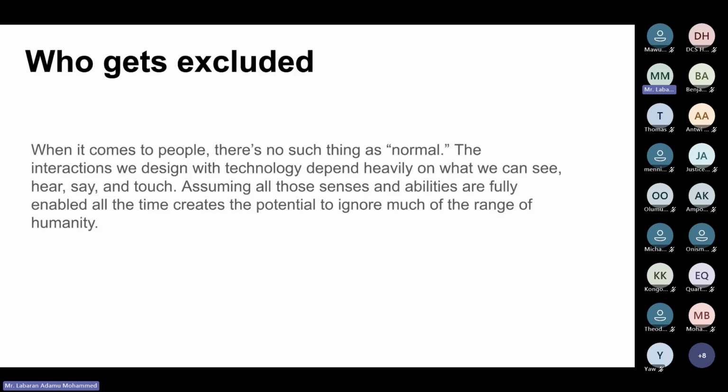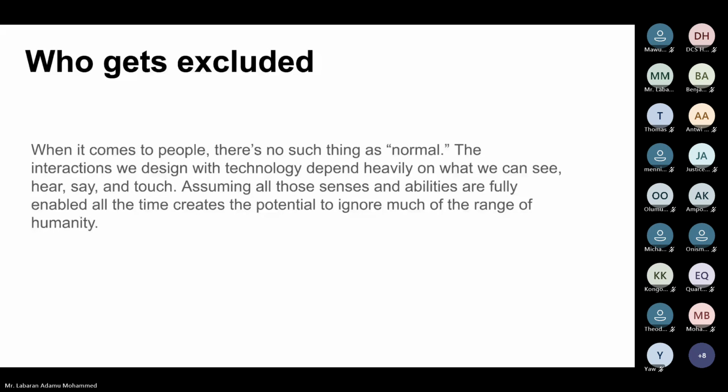The interactions and technologies we design or build depend heavily on what we can see, that's the vision, what we can hear, that's the sound, and what we can touch, probably the screens we can touch.